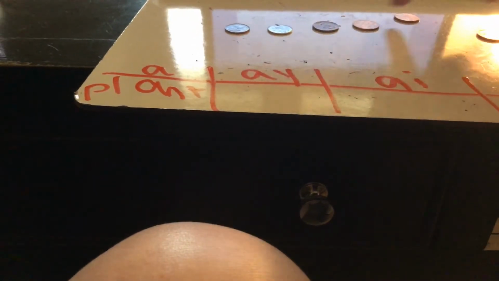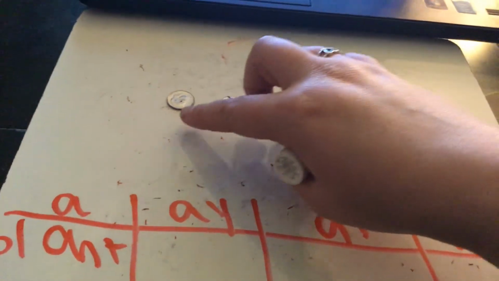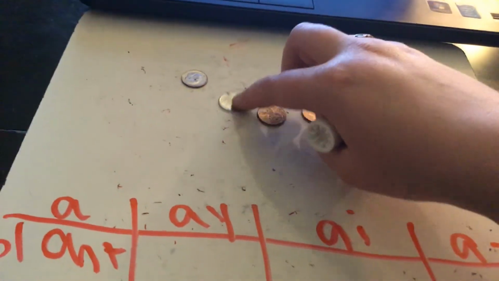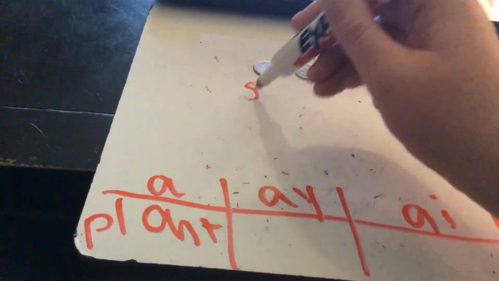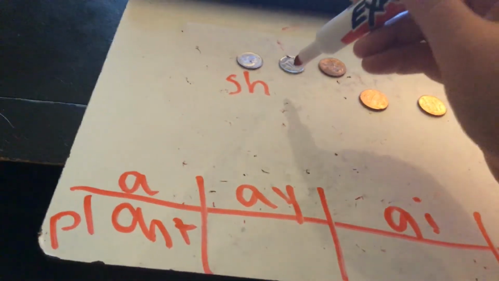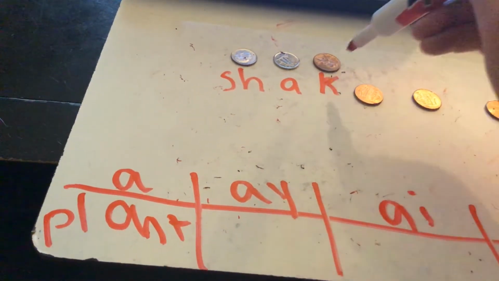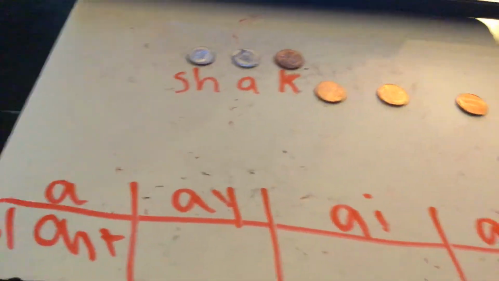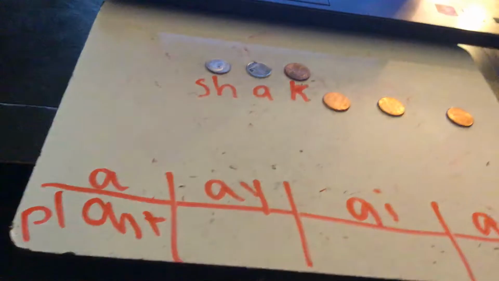So the next word is shake. Again, you're going to ask them, how many sounds do you hear in the word shake? And they should go sh, a, k. It's only 3 sounds in this word because sh is a digraph and it stays together. Now you should have your kid read this back to you, and they should say that this says shack, and we want to make sure it says shake.